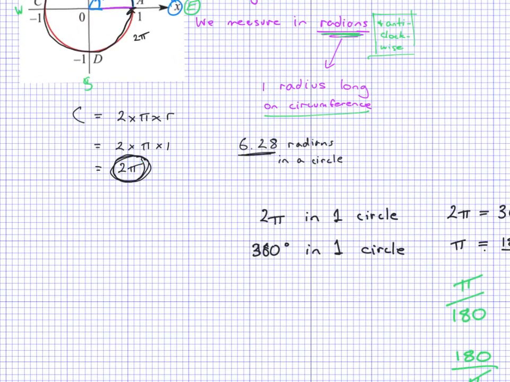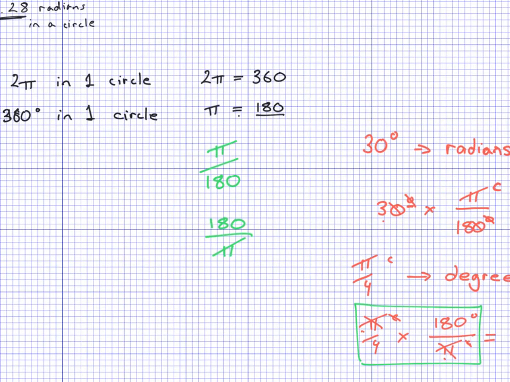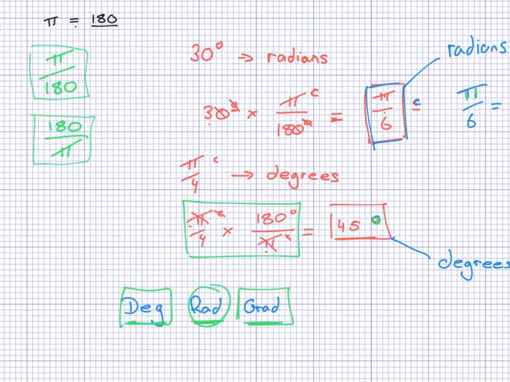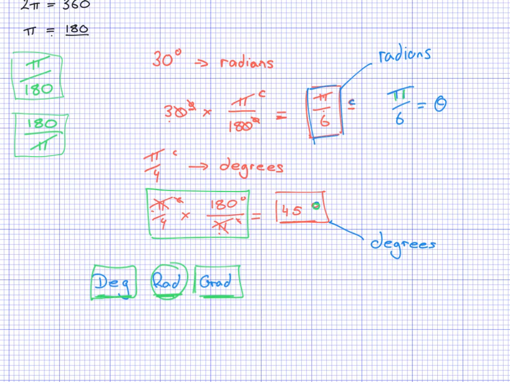We know that there are 2 pi radians in a full circle, which leads us to the ratio of pi over 180 or 180 over pi, and we use these to convert between radians and degrees. Your calculator can do it too, and the deg, rad, grad is that conversion or spits answers out in the given format.